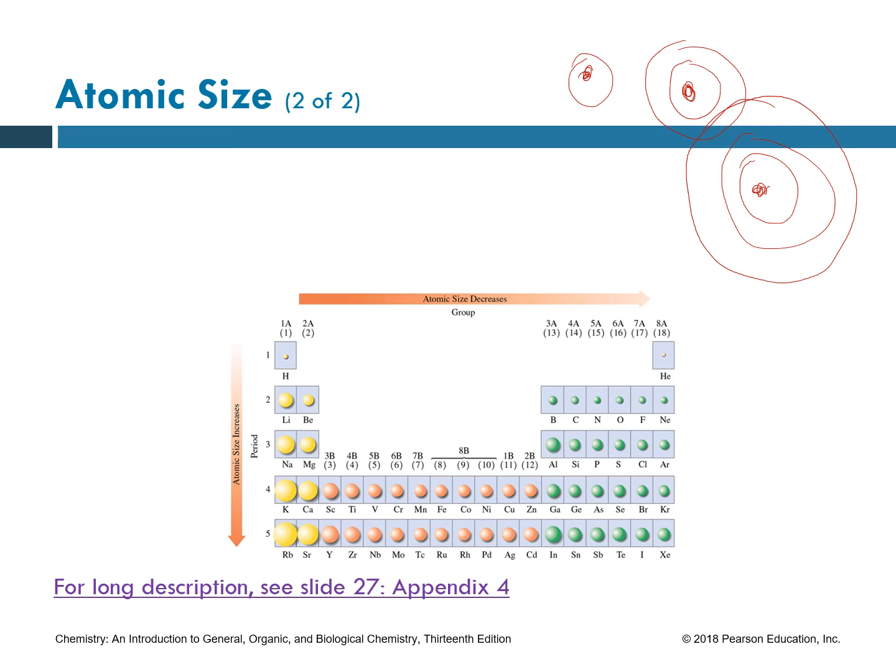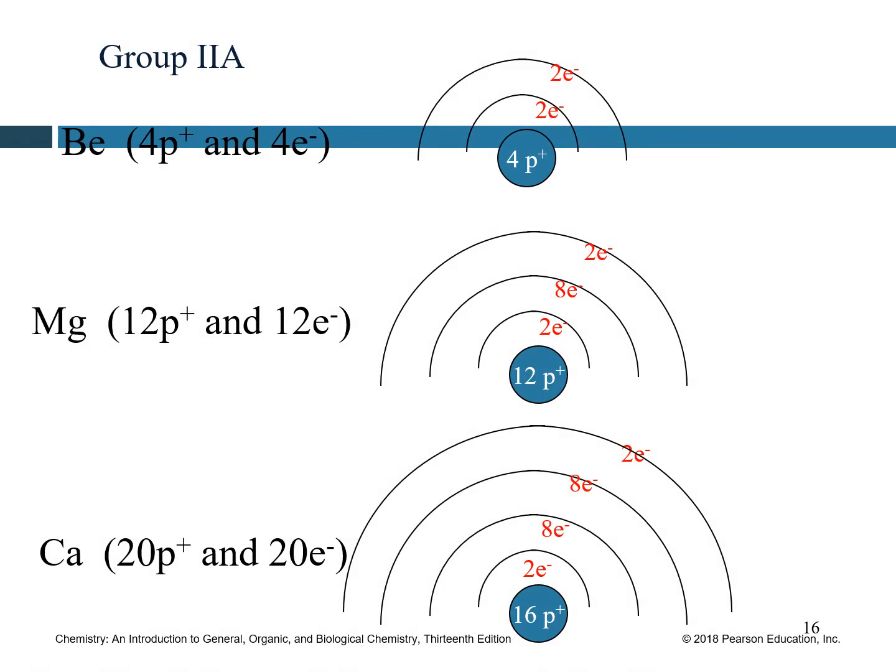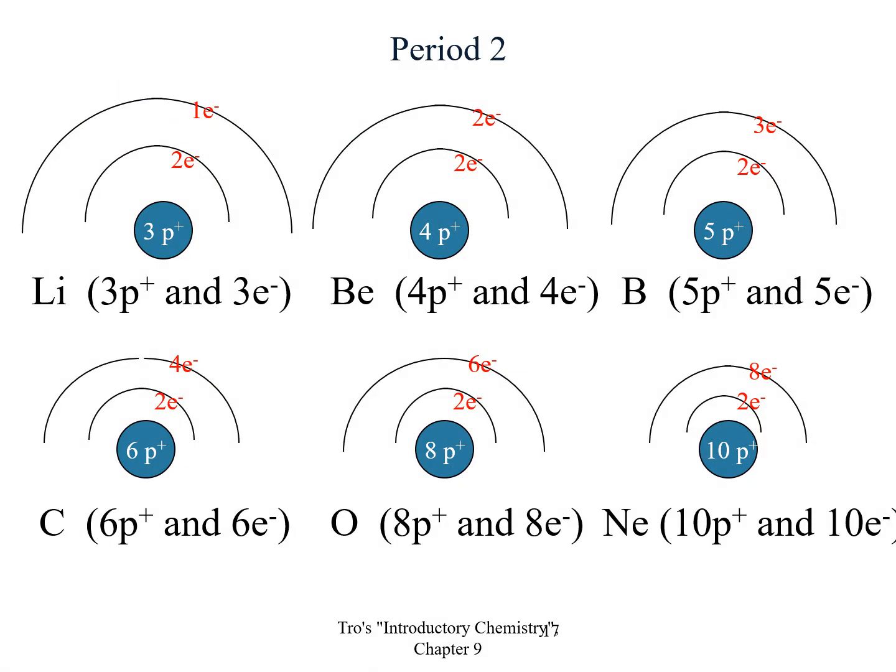Why is that? Let me pull this up. As I'm going down the group, it makes sense. This is showing you the same thing, that the number of orbits or energy levels is increasing, so size is increasing. How about in a period? Lithium, beryllium, boron, carbon, oxygen, neon all belong to the same period. As you go in the period, what is changing? The number of electrons is increasing, but at the same time, the number of protons in the nucleus is also increasing.